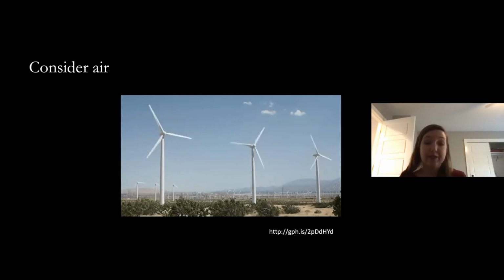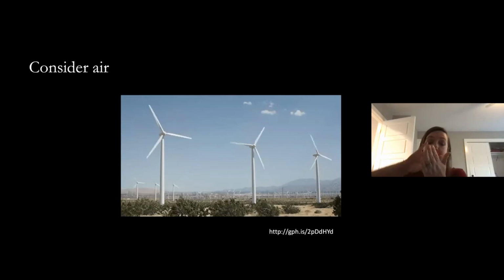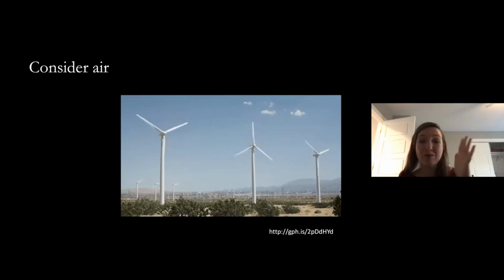But why are they turning? It's because the air is moving in what we call a wind, and that wind pushes on the blades and causes them to rotate. So I can tell that air has to be there because of the physical effect it has, the effect that it moves things that I can see.